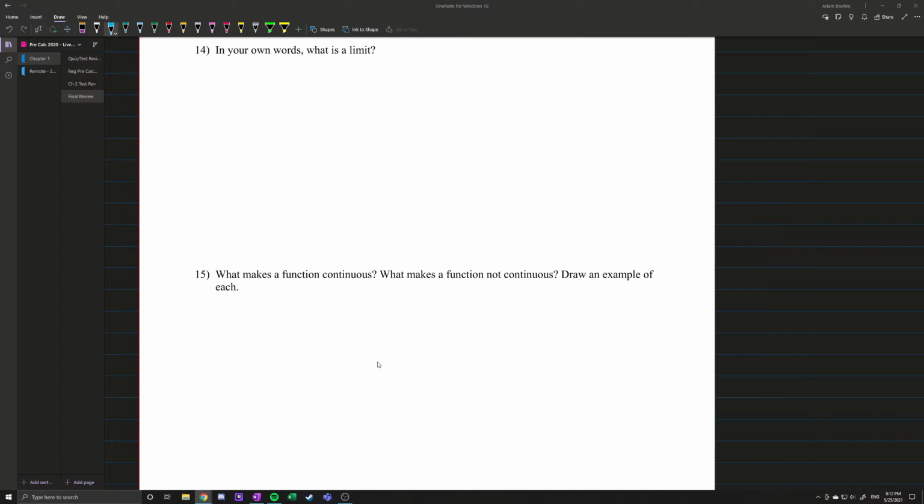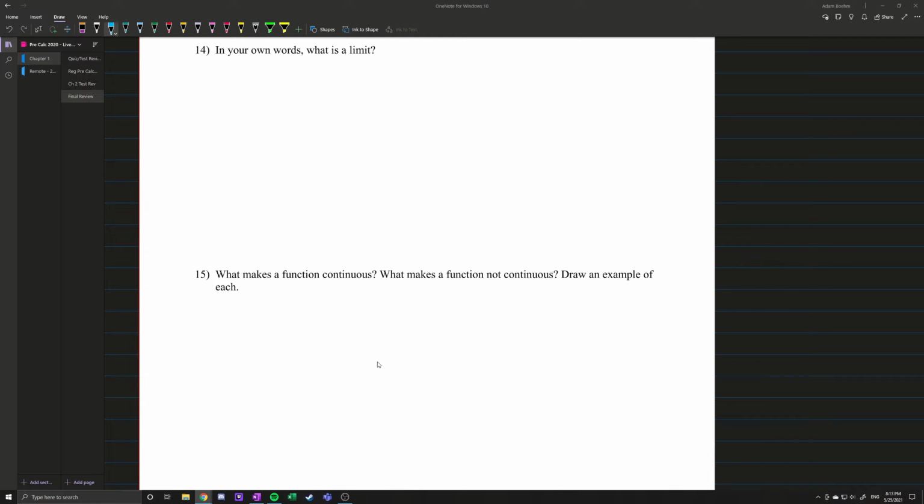A continuous function is basically a function that does not break anywhere. So no holes, no asymptotes. Actually, asymptotes are continuous, just on its domain. But there's no breaks in the graph. If there is a break in the graph, it's not going to be continuous at that point.